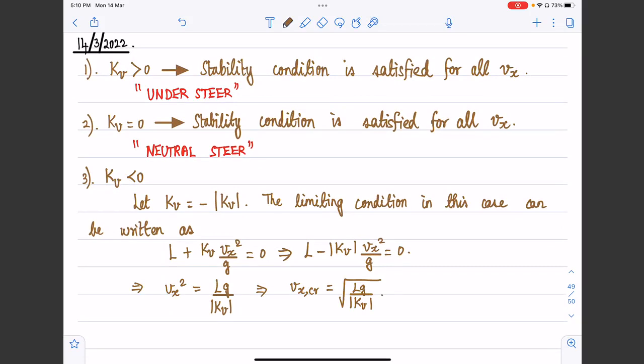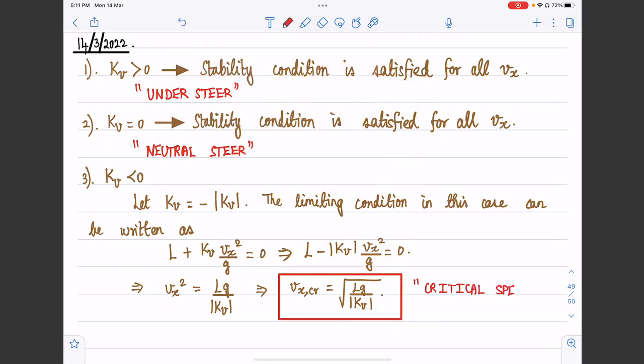This is the speed beyond which stability is lost. Okay, so this is what is called critical speed. Okay, so what is this critical speed? This is the speed beyond which stability of the vehicle is lost when kV is negative.